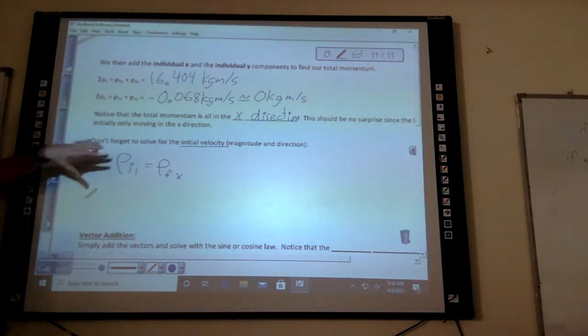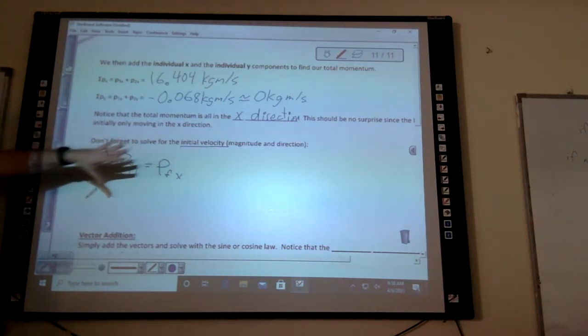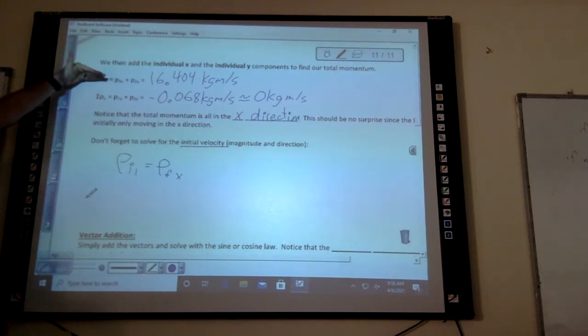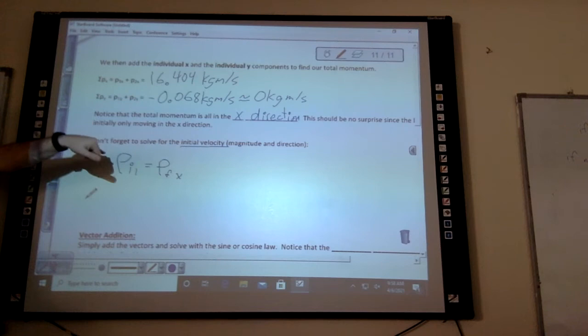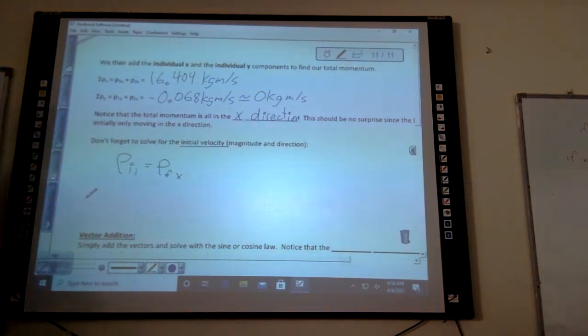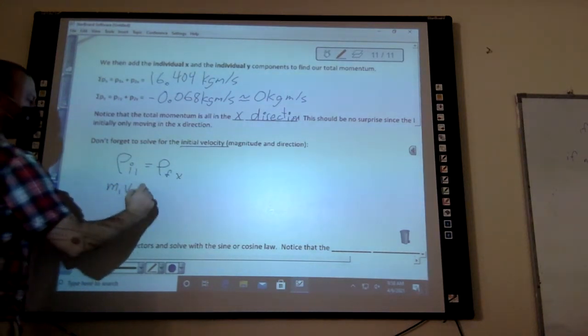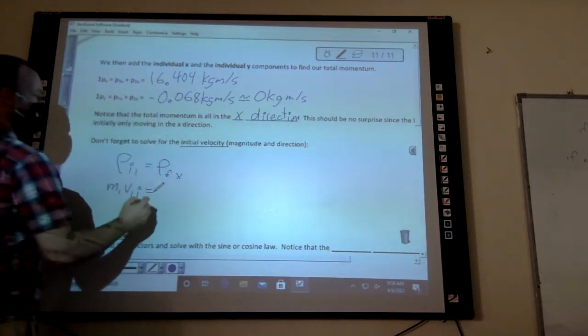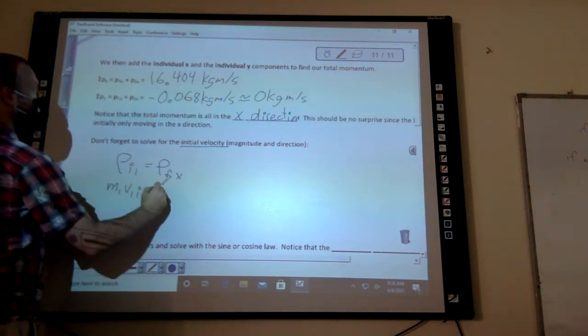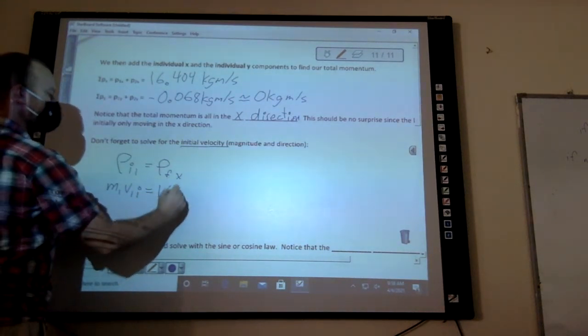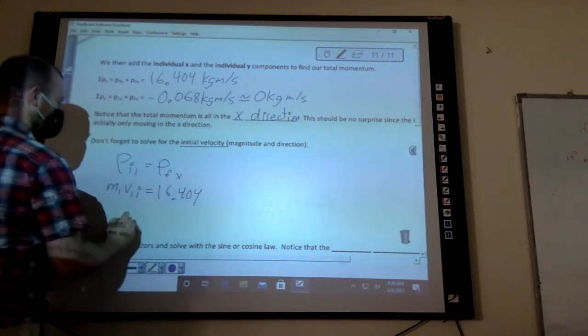So I did a lot in that one statement, but I basically just said, here is my total final, which is equal to my total initial, which is just one object. Only one is moving, not both. So M1V1I equals the number here that we know, 16.404.